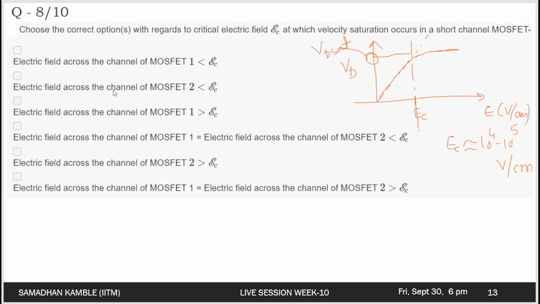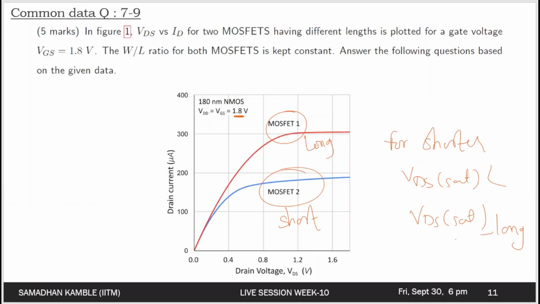If you go into this characteristic curve, the electric field for the long channel is the VDS, that is 1.8 volt, divided by the channel length. If we consider a channel length of say 10 times 10 to the power minus 4 centimeter, the electric field is around 10 to the power 3 volt per centimeter, which is less than the critical value.